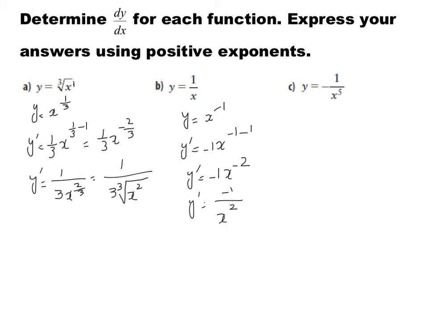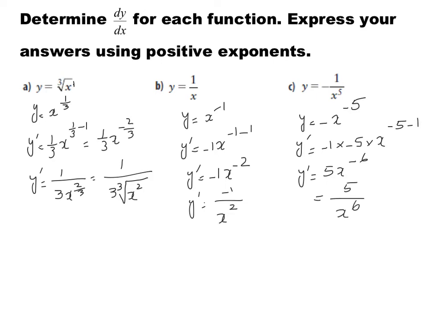And the last one, y is negative x exponent negative 5. And I can write this one as y prime is negative 1 times negative 5 times x exponent negative 5 minus 1, which is 5x exponent negative 6, which is the same as 5 over x exponent 6.